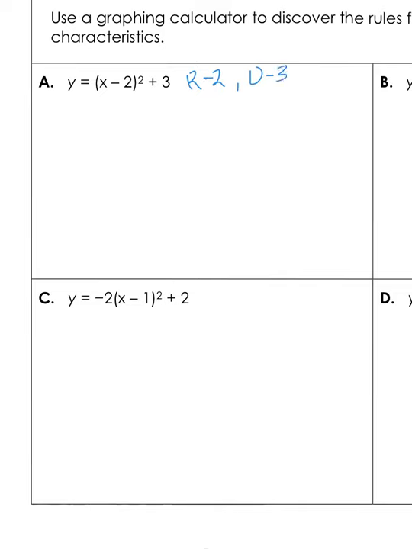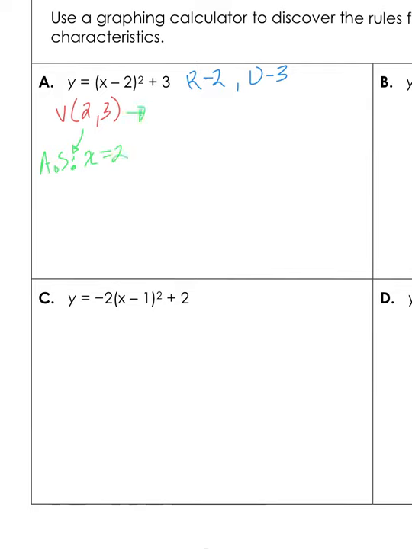That means my vertex is going to be positive 2 because it's the opposite of h, and then positive 3, it's the same as k. From that vertex, remember, I can get two things. From the x value, I get the axis of symmetry. So axis of symmetry would be x = 2. Not just 2, but x = 2.